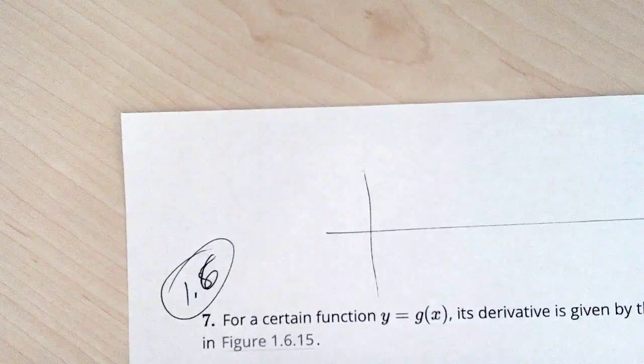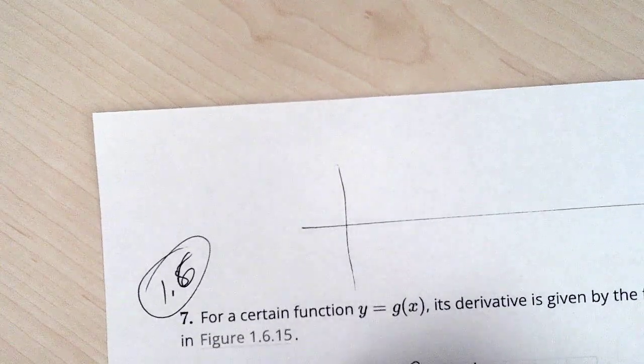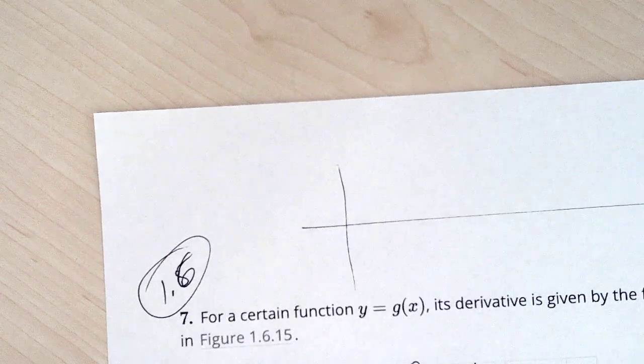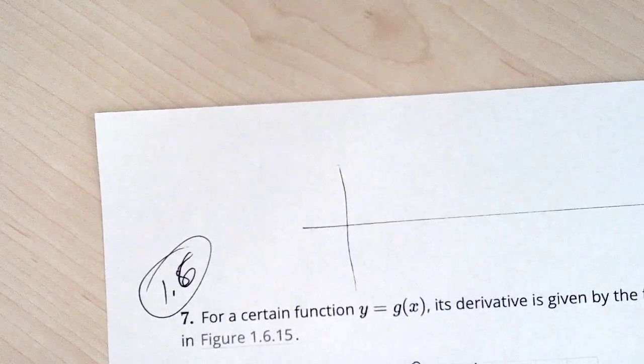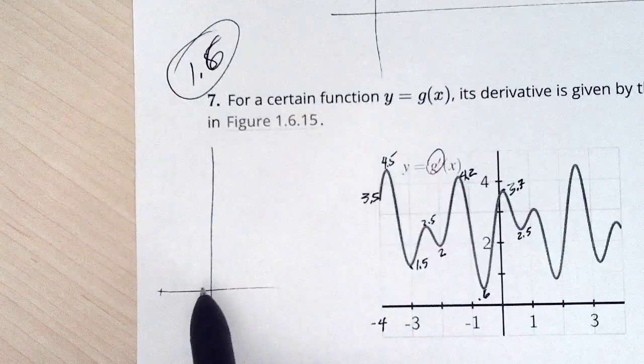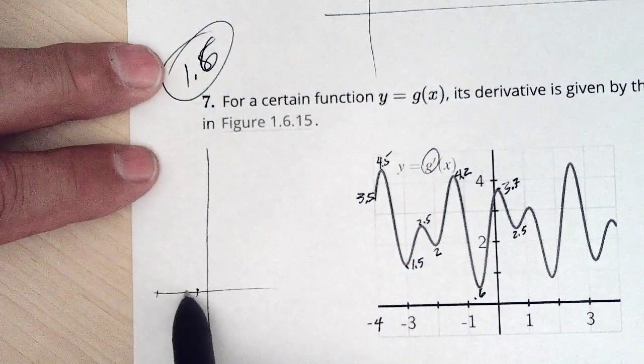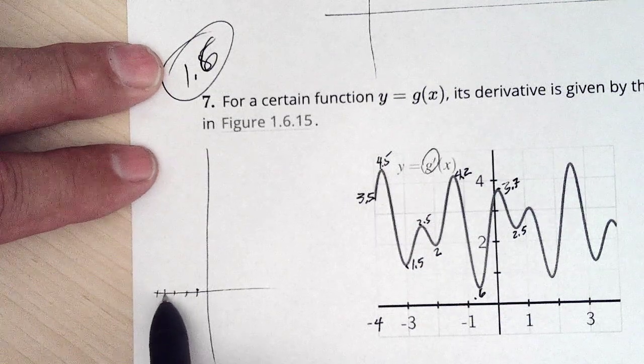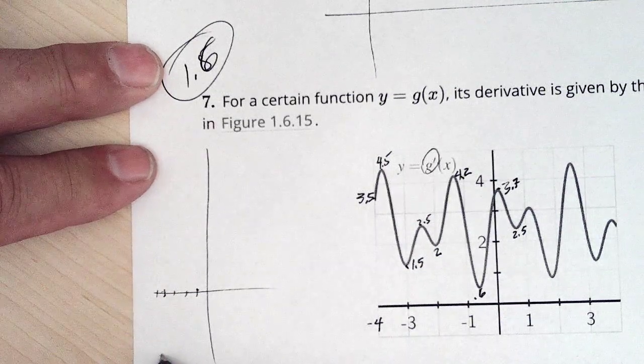So if this is a slope of, this is going to be hard to sketch. Let me try to sketch it here. And I'll just start any place here at -4. 1, 2, 3, 4. I'm going to be way down.